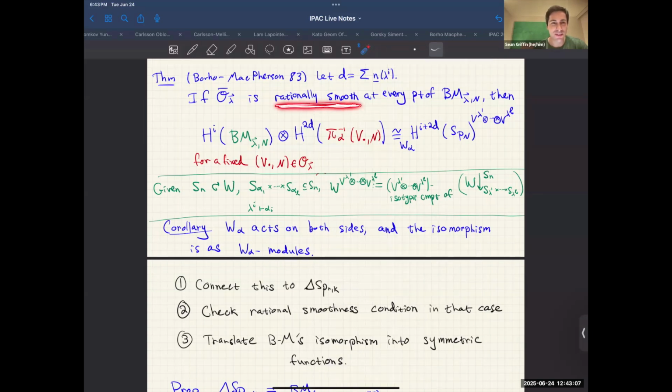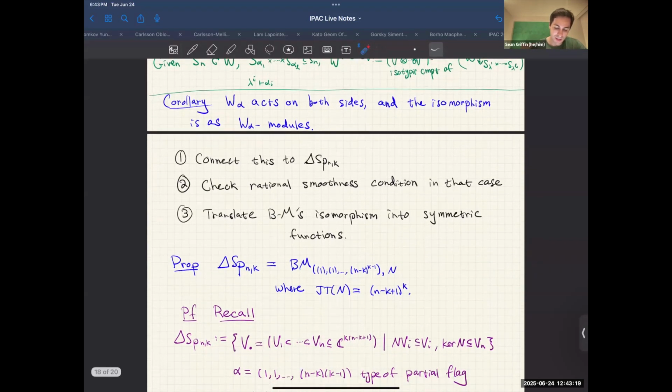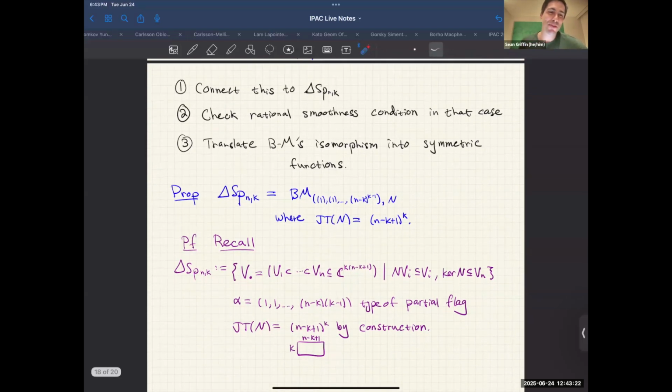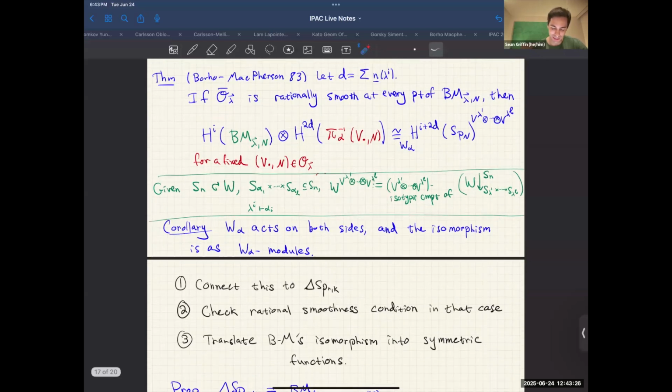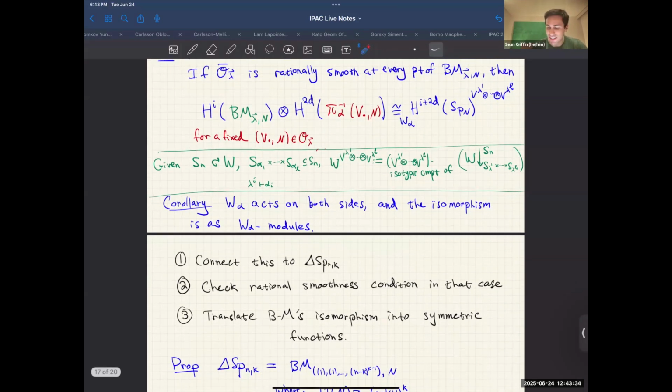But it's not given. There's some combinatorics that goes into checking why the rational smoothness condition is true. And third, maybe what Brendan already did in his head, translating this isomorphism into a statement about skew symmetric functions. The spoiler is that taking isotypic component is related to skewing out.